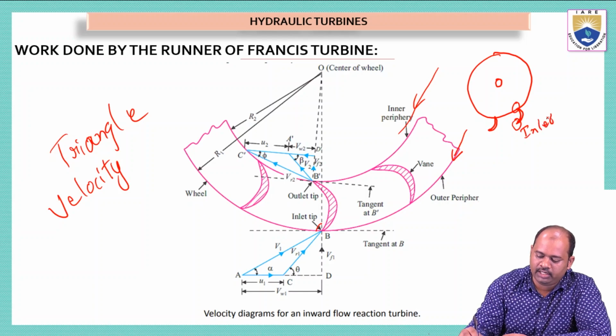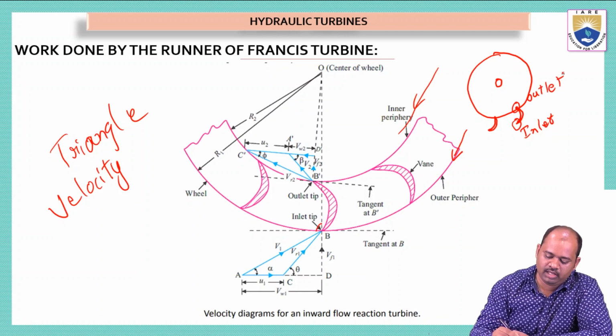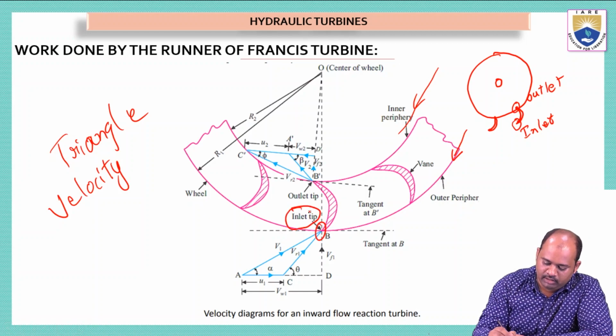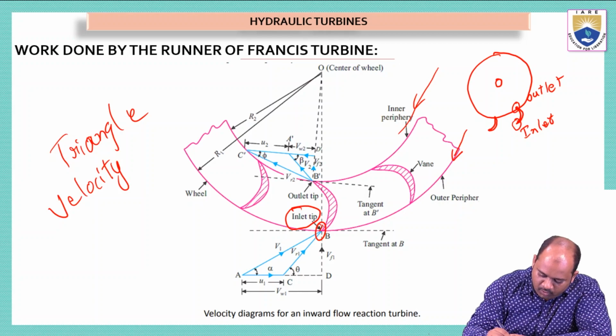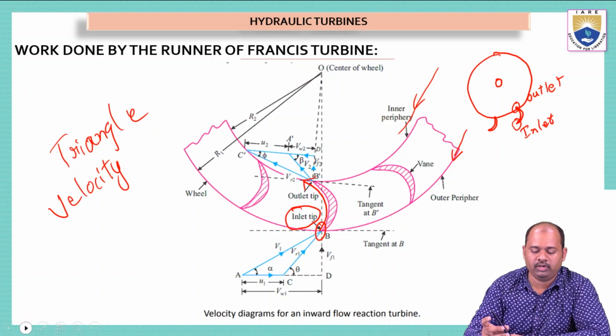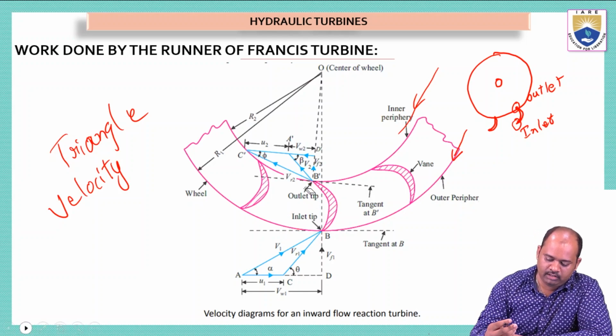This is where water will enter. And this point is where the water will be exited. This is also called as outlet. Okay. Now that is why this is inlet tip for the water. Water will enter here and it will flow or it will travel on this surface and it finally comes out here. Okay. I will draw this again.